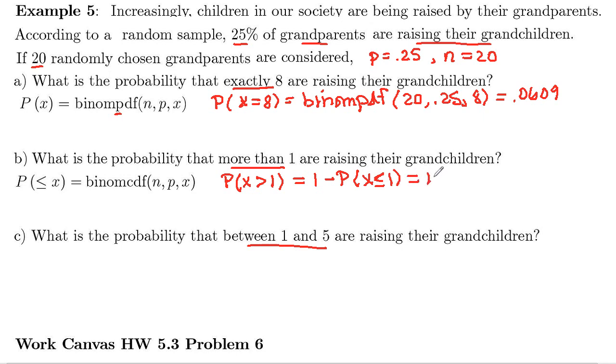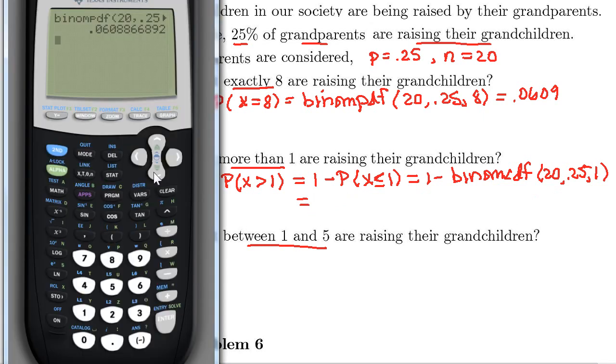So that's going to be 1 minus binomial CDF. And then we are going to put in 20, 0.25, and 1. So let's go ahead and enter that in the calculator. I'm going to do 1 minus second variables.